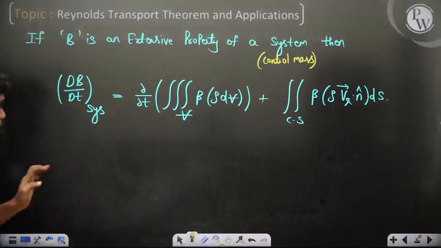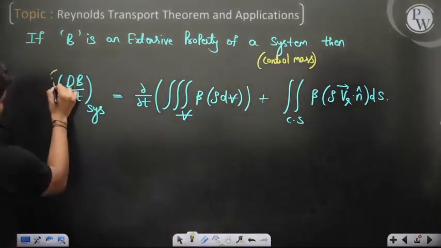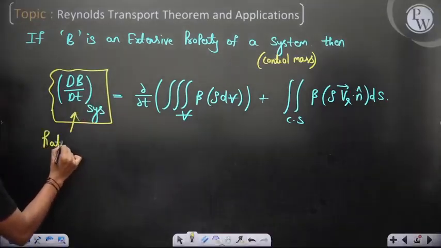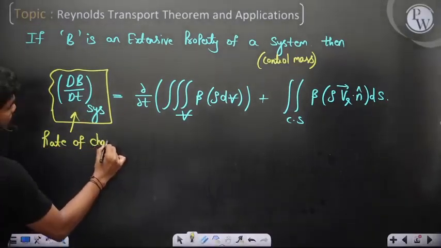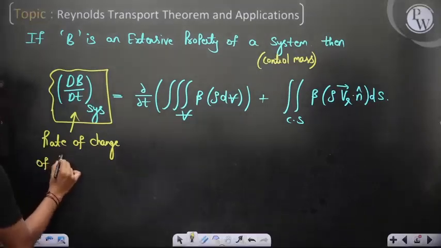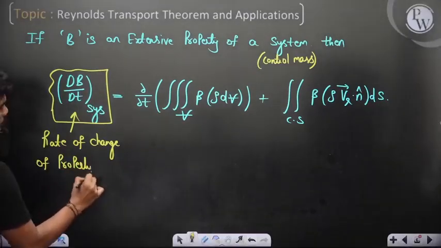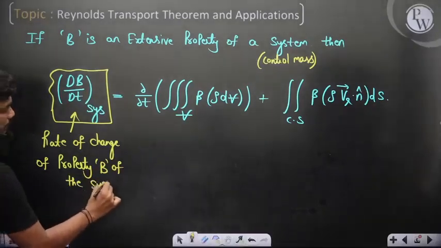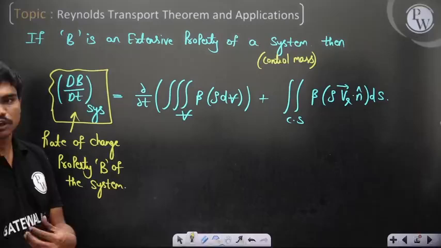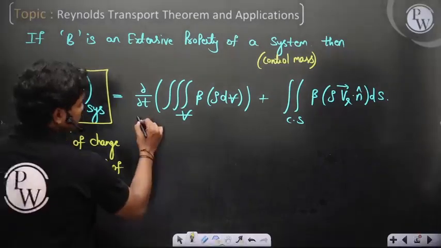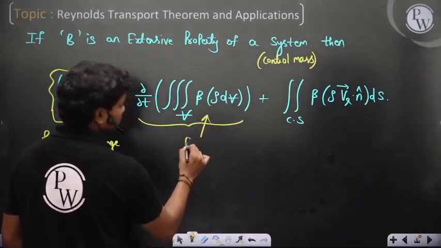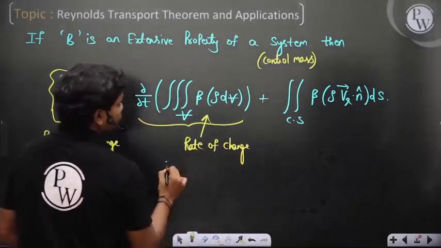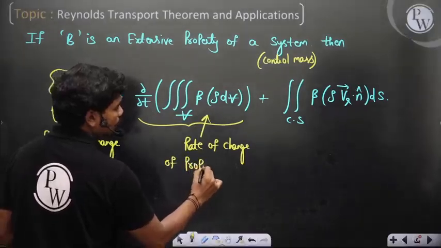Here, dB by dt of the system is the rate of change of property B of the system, and this term tells you the rate of change of property of the control volume.